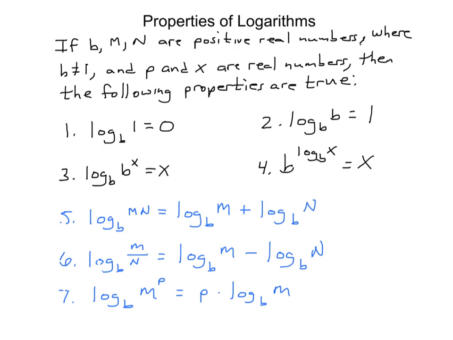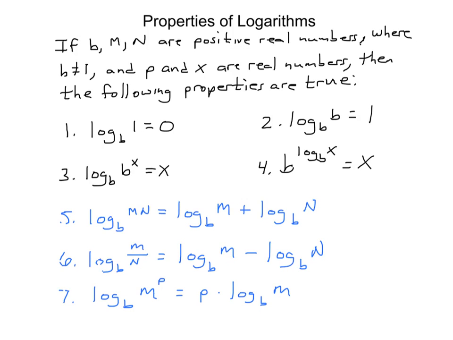The opposite of multiplication is division. So log base b of m over n, it should be no surprise then, is going to be log base b of m minus log base b of n. In other words, when I have a log of a division, it's going to be the difference of the logs. Also notice here that it is the log base b of the numerator minus log base b of the denominator.